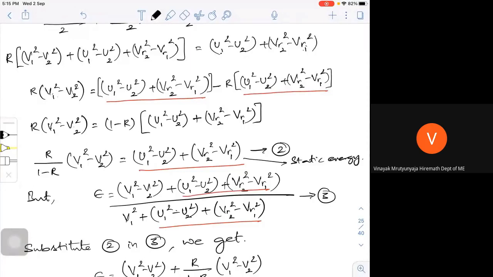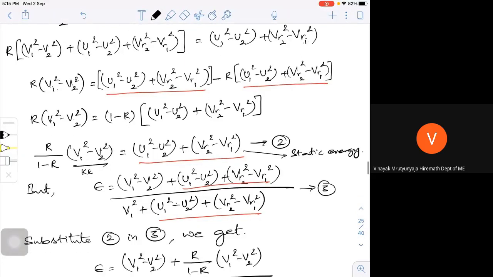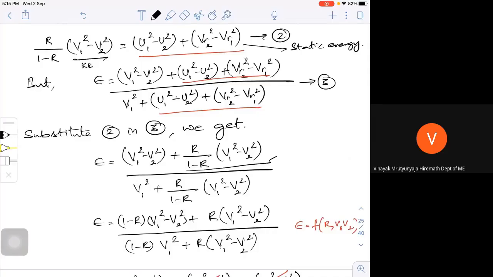You take the expression for R and obtain the expression for static energy in terms of kinetic energy multiplied by the degree of reaction. A simple thumb rule: static energy expressed in terms of kinetic energy multiplied by degree of reaction. Now, you write your static energy in terms of degree of reaction and kinetic energy in your epsilon or utilization factor expression. So this is your static energy.